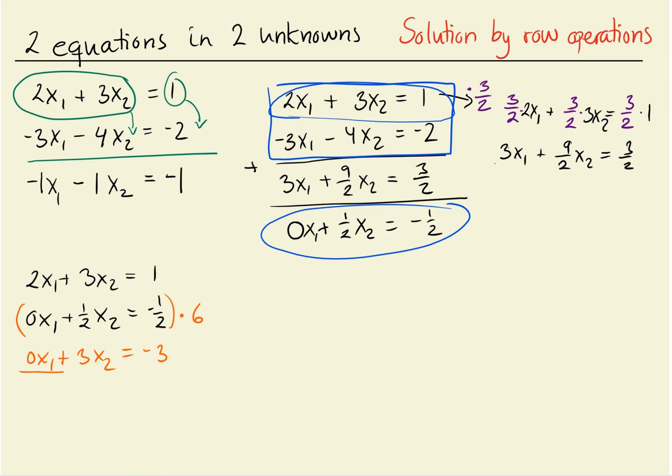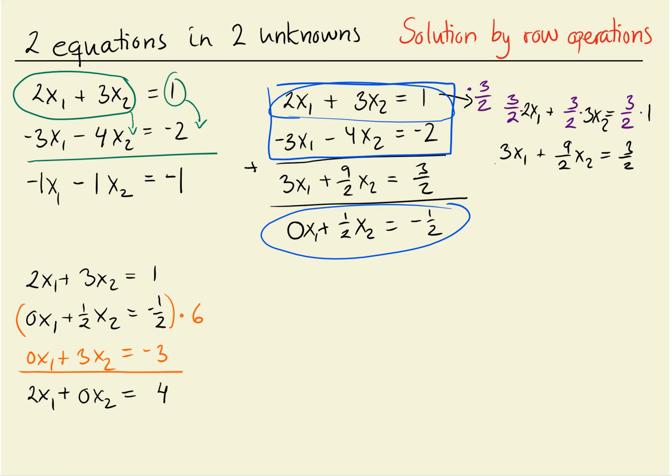So this is the equation that I would like to subtract from the first equation. And what does that give me? Well, that gives me 2x1, because subtracting 0x1 doesn't make a difference, plus 0x2 equals, and then I get 1 minus minus 3, well, that's 4.